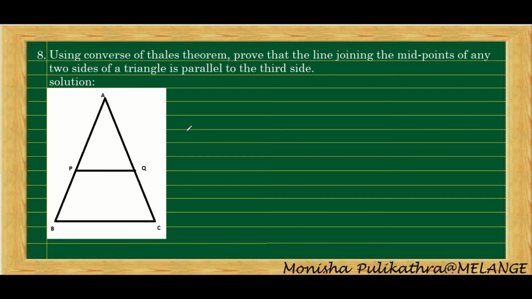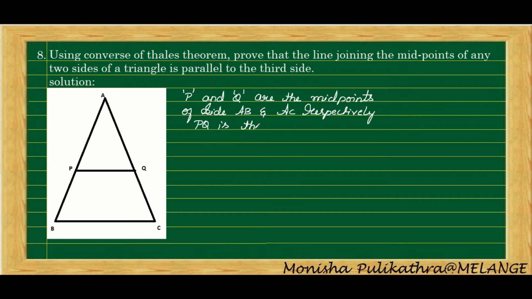The 8th question is also very similar to the previous question. Here the statement will again be: P and Q are the midpoints of side AB and AC respectively, where PQ is the line segment.